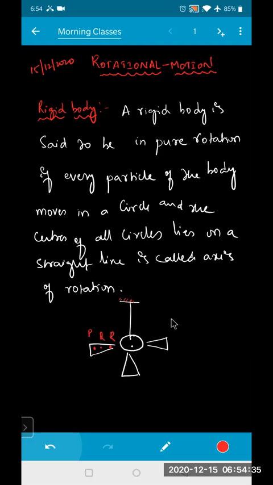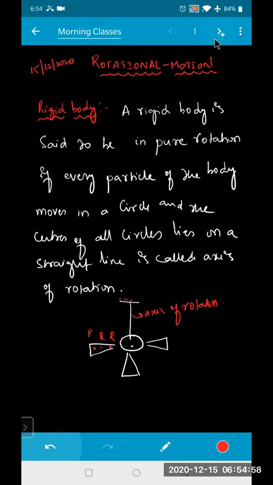You switch on the fan, this particle will always be moving in the same circle without changing the radius, isn't it? So every particle of the body moves in a circle and the centers of all the circles lie along a straight line. This is called the axis of rotation. Clear?